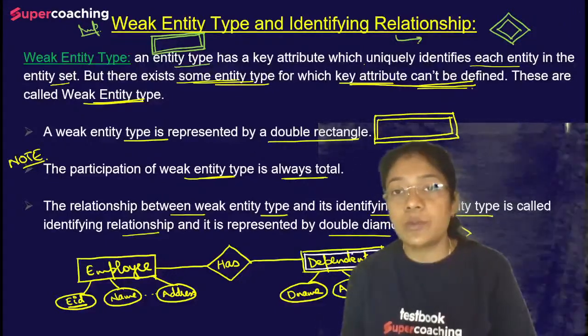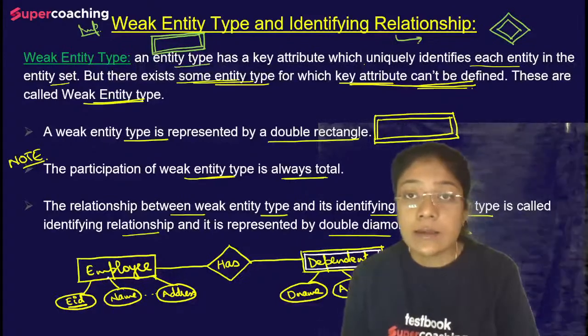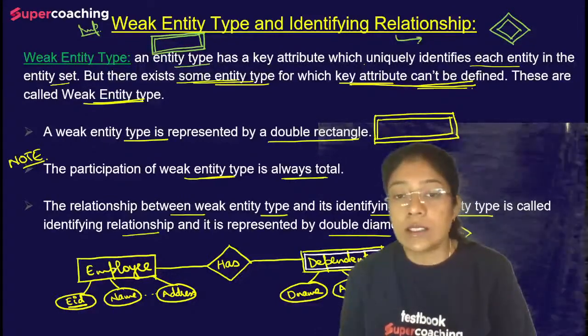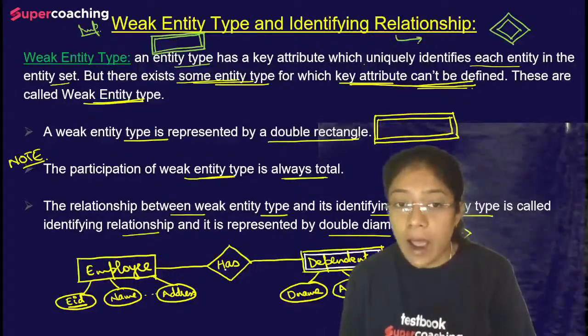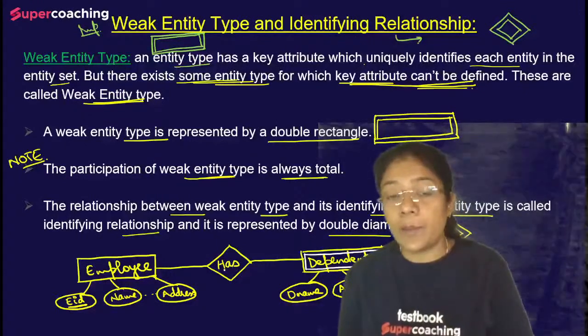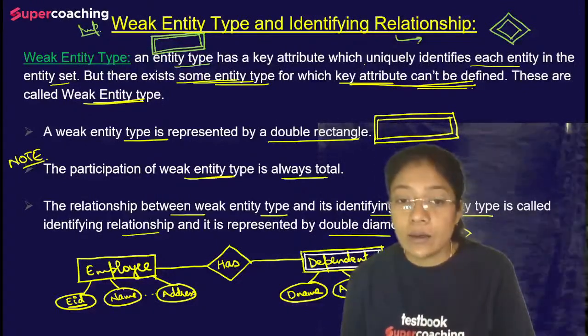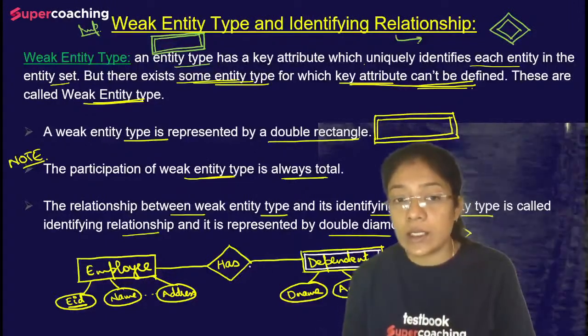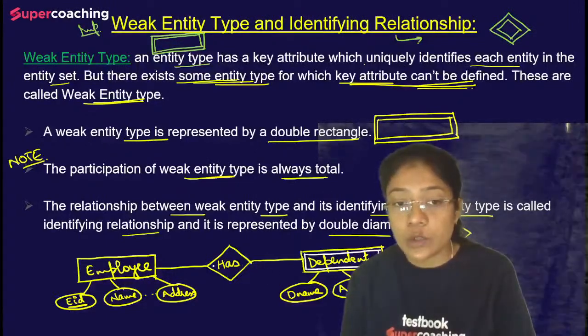Here dependent is representing the weak entity. Since the employee is having the key attribute, this is known as the entity type. Okay, and has is a relationship which is relating the employee and the dependent. So it is providing a relationship between the strong entity and the weak entity. So this has to be constructed.